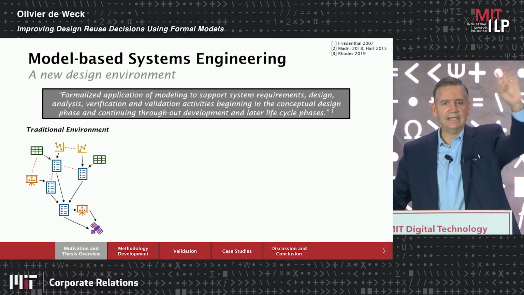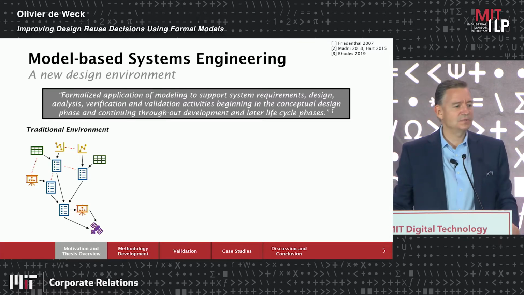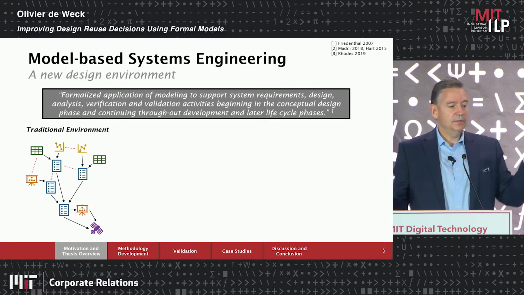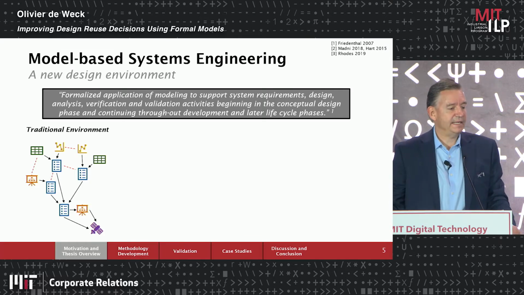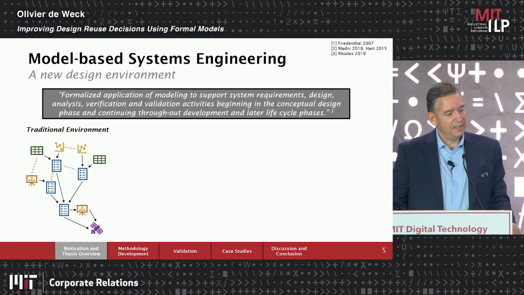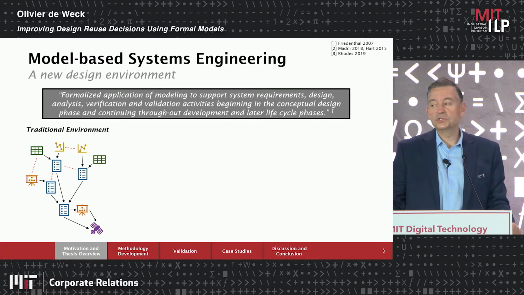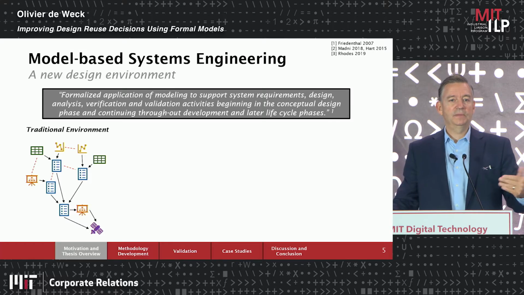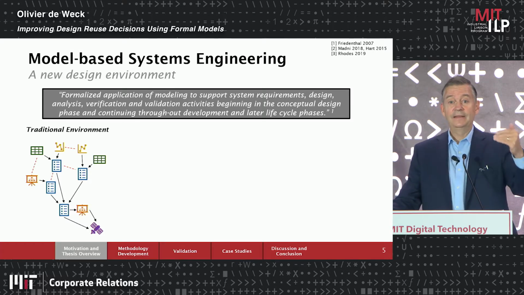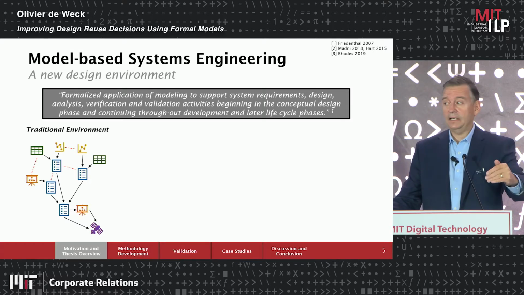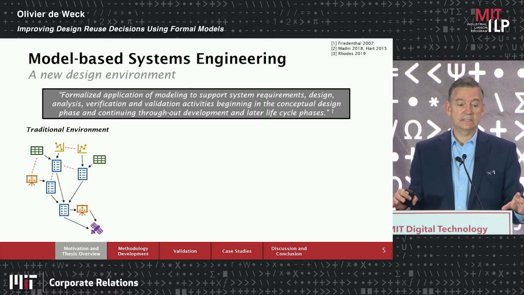Word documents, Excel is still a big tool that's used by engineers. And, yes, it's how we've done it for decades. People are familiar and comfortable with it, but there are huge problems with this. One is change propagation. You make a change in one part of the design, that change will not automatically propagate to the other parts of the design.